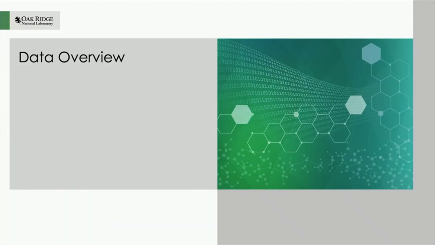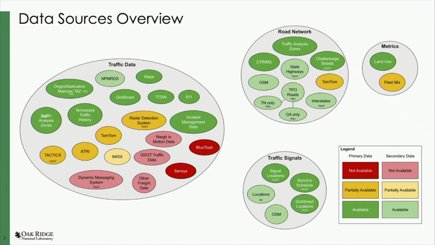To give you a little bit of an overview of the data that we have, a little over 100 different data sources now. The ones in this diagram are just a subset of those, but basically we have a bunch of traffic data ranging from radar data on the highways, which gives us lane level information at certain intervals. We have sensors on intersections that give us real-time and historic data.